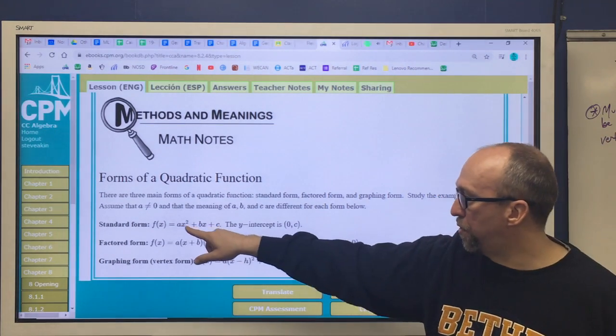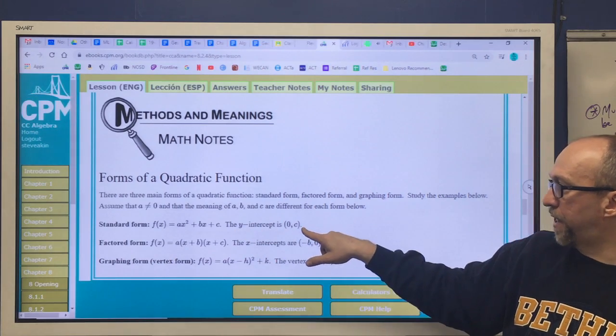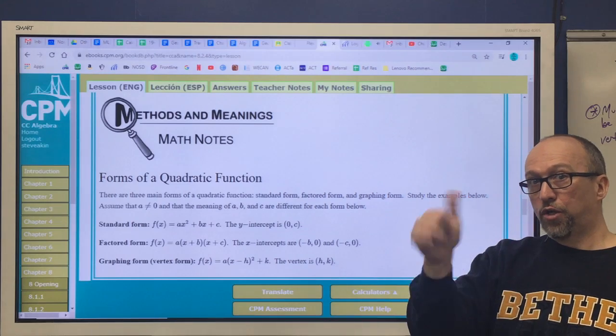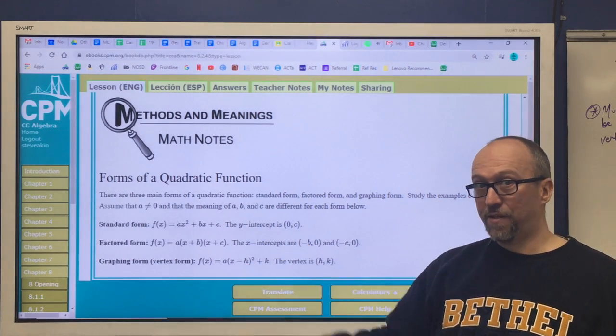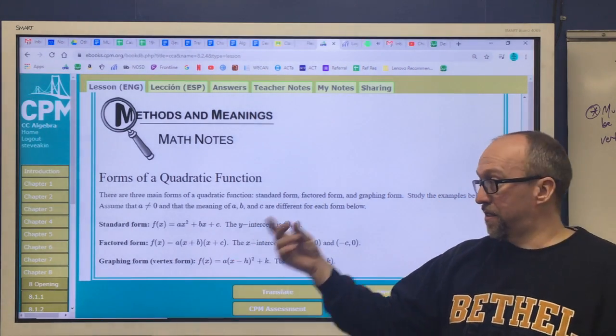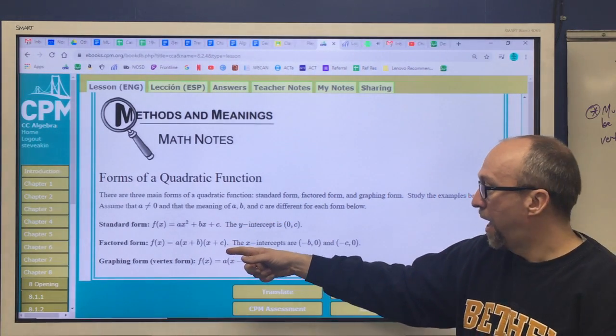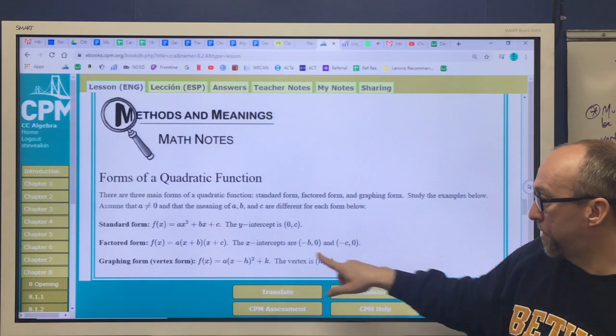Standard form, you know about that. The y-intercept, that's what's nice about this. It tells me where it crosses the y-axis. Great. What it doesn't tell me is where it crosses the x-axis. If I factor that, if it's factorable, I can get the x-intercepts, and here they are.